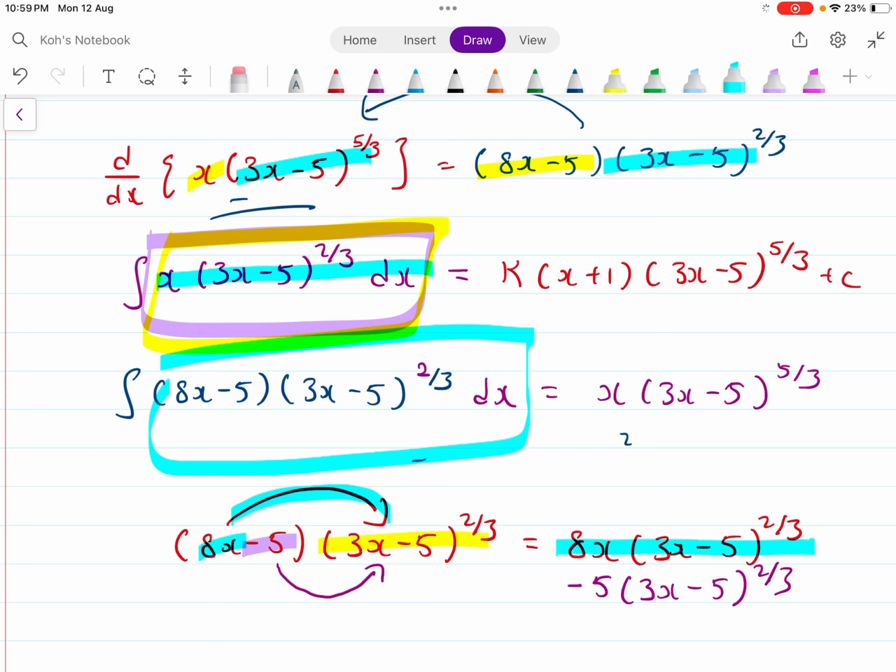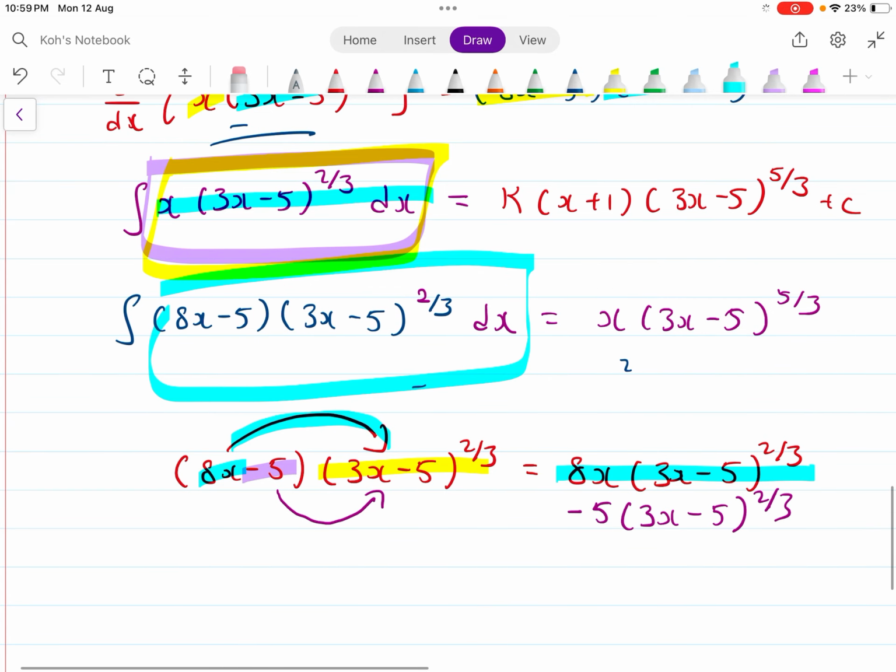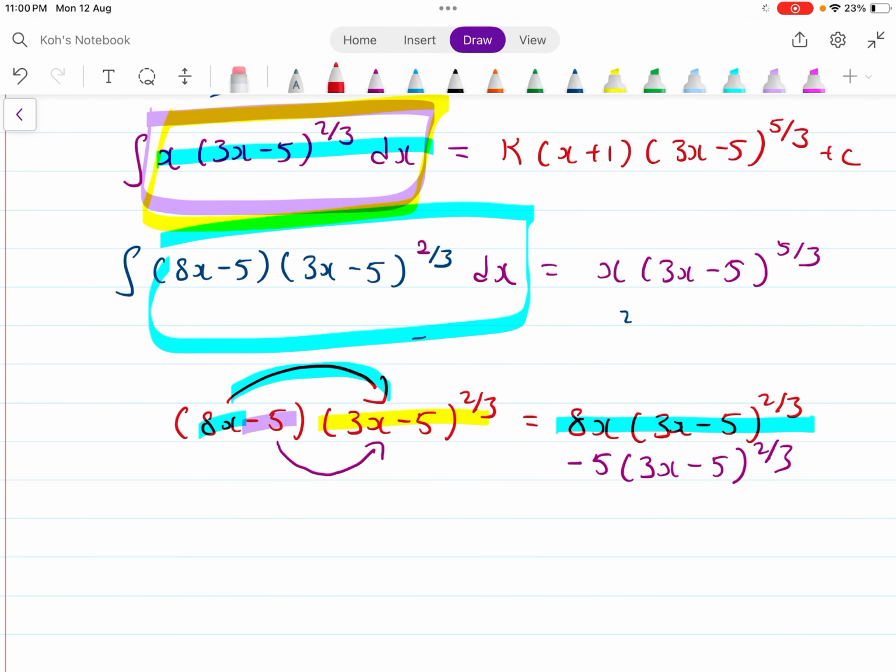Almost very similar. Okay, so after I go to this part, let me just write down the expanded part. I put 8x (3x minus 5) to the power of 2/3 dx. I just put dx first. Then I put negative integral of 5 (3x minus 5)^(2/3).